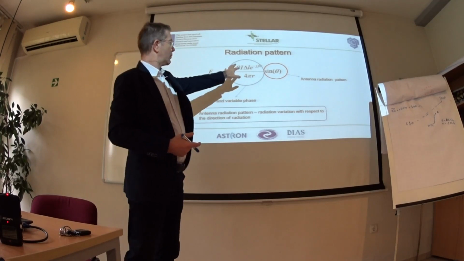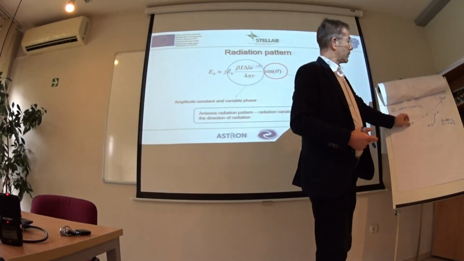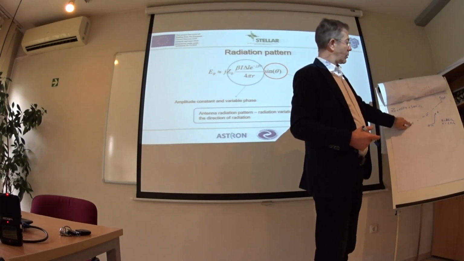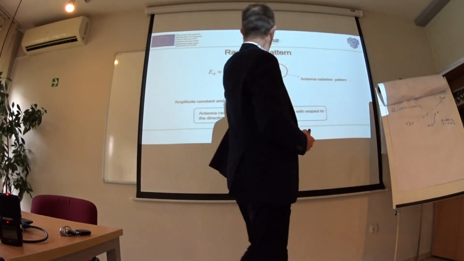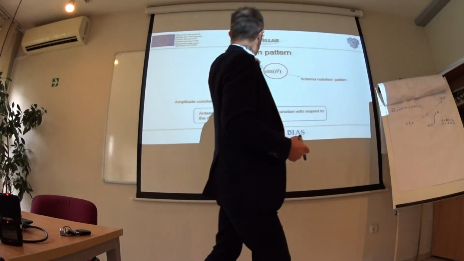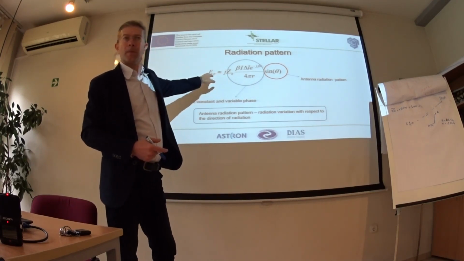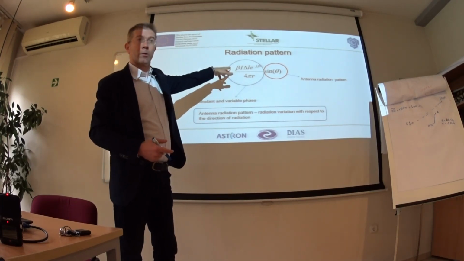So if we have a current carrying conductor, short, delta L, carrying a current I, at a distance R, it will produce this field, if we are far enough. That's why this is approximate.